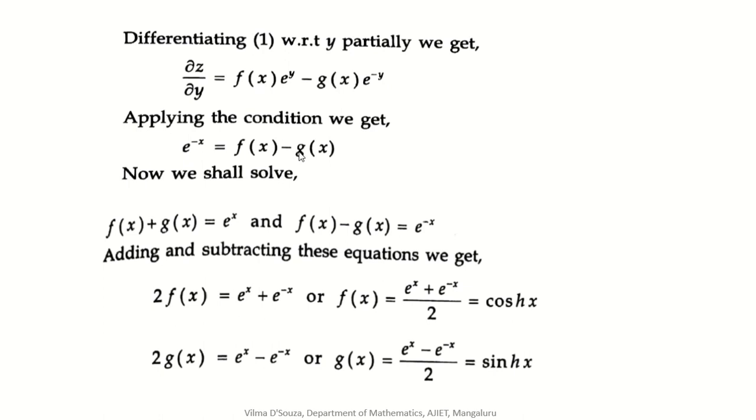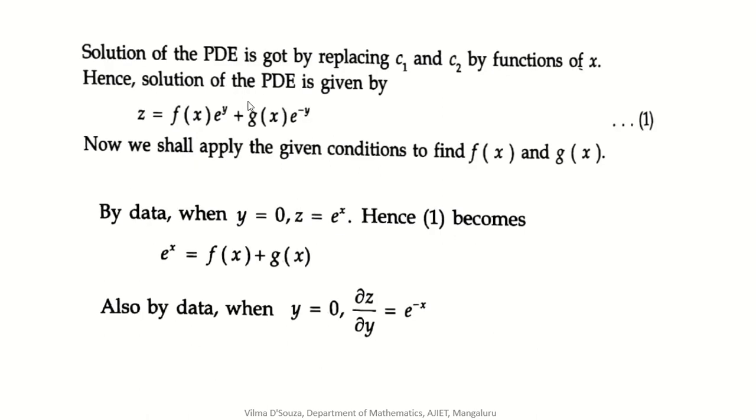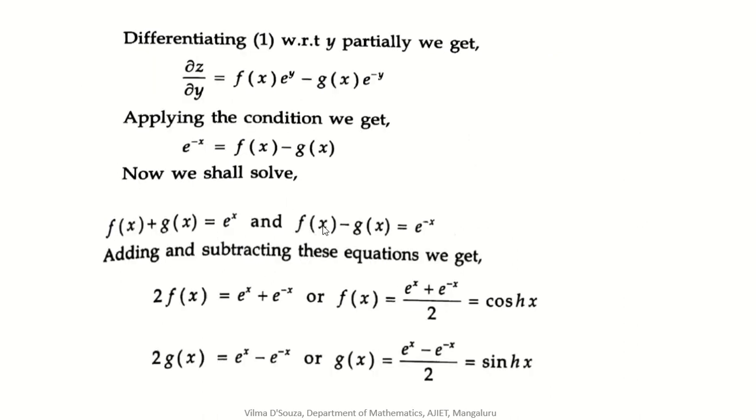So f of x minus g of x is e power minus x. So what was the first equation you got? F of x plus g of x is equal to e power x. And the second equation is f of x minus g of x is equal to e power minus x.